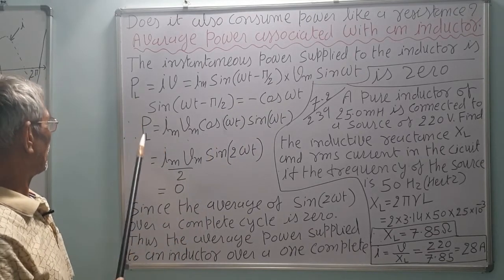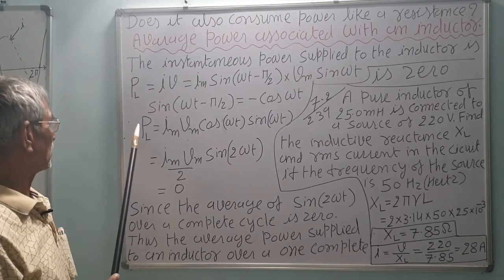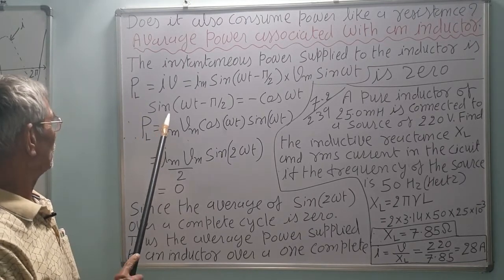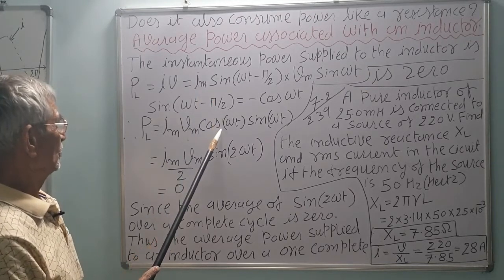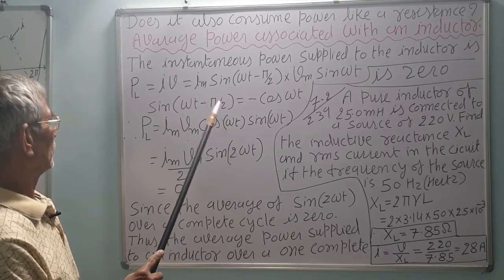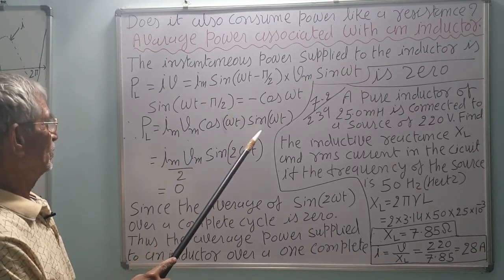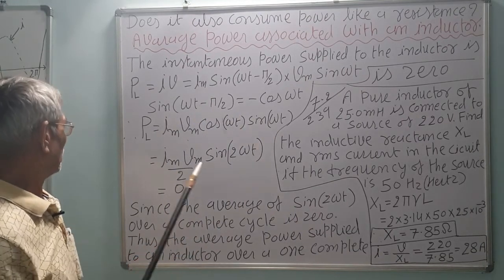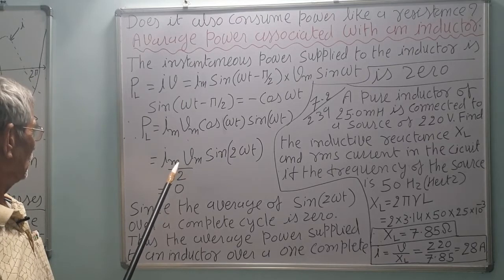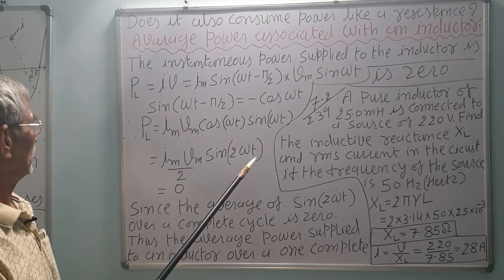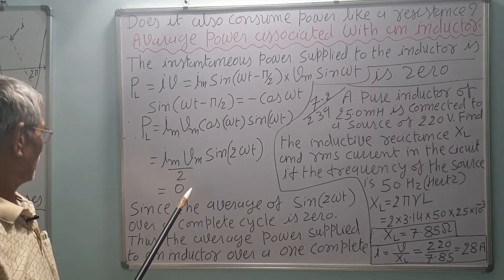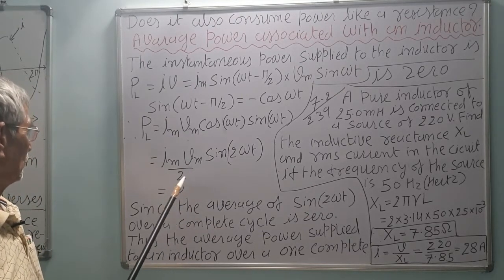Therefore, power in the inductor, P_L, is equal to Im Vm cos omega t sin omega t, minus minus will be plus, that is equal to Im Vm upon 2 into sin 2 omega t.